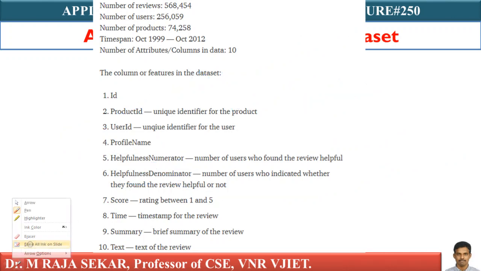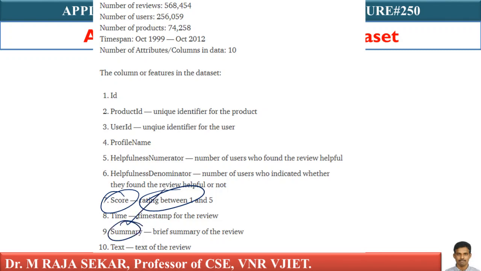Score or rating: I have shown what the score is. Rating is between 1 and 5. Then timestamp, that's time, then summary and text. For the Godfather textbook, I have shown what the summary of a review is. The summary is like this and the text is like this.